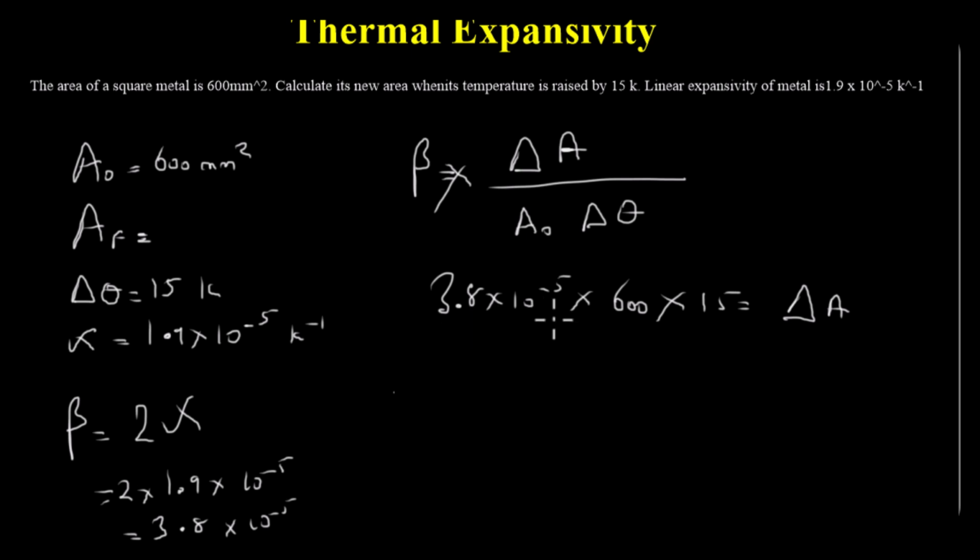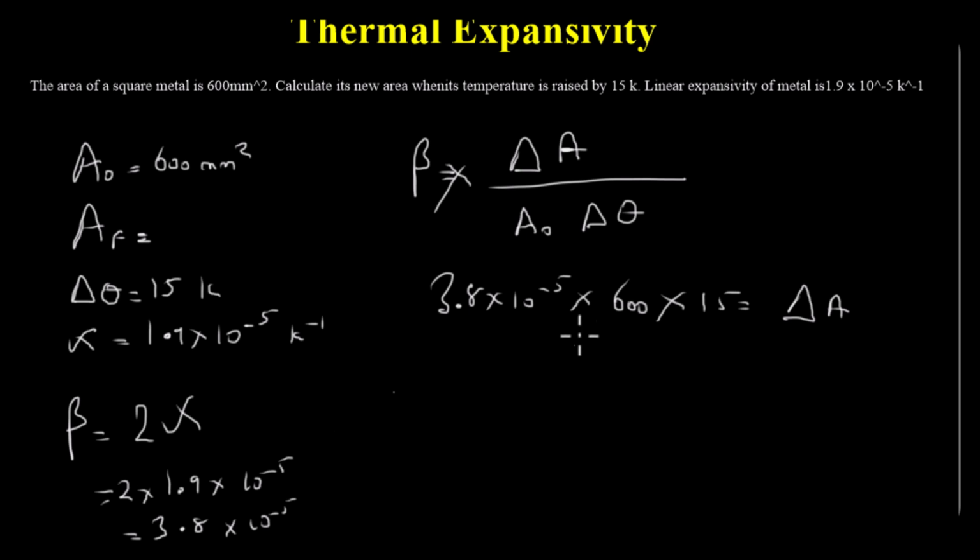How do I get 3.8 times 10 to the power of minus 5? I simply multiply 1.9 by 2. Why did I multiply it by 2? Because we already said the relationship between linear expansivity, superficial expansivity, and volume expansivity is given by 2 alpha or 3 alpha, depending on which one we're looking for.